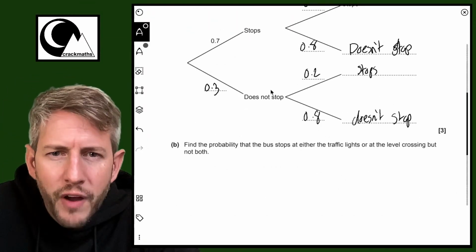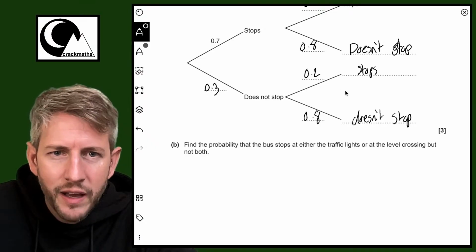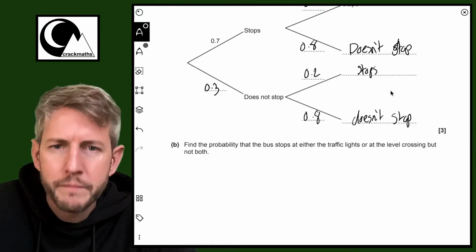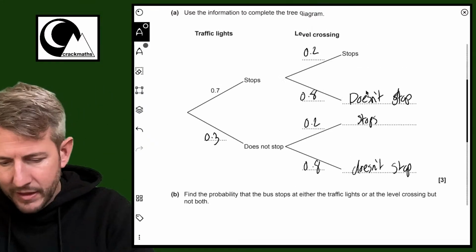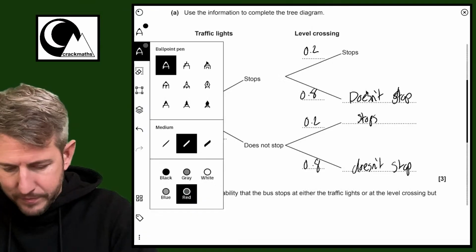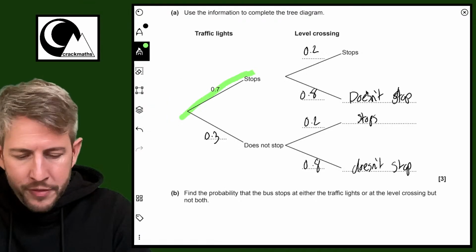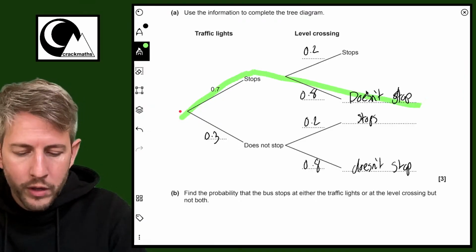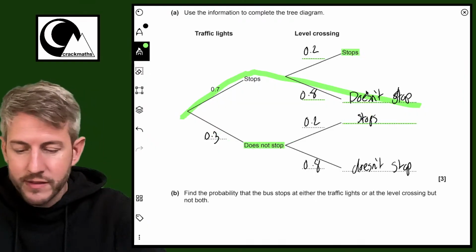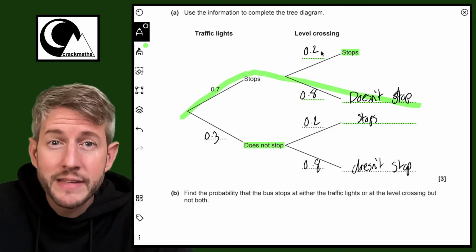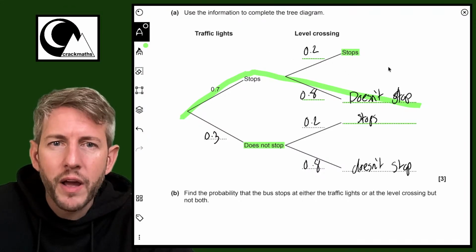Part B says, find the probability that the bus stops at either the traffic lights or at the level crossing, but not both. Okay, right, so let's highlight the routes that we need. It wants us to either stop, then not stop, or not stop, then stop. So we use a probability tree diagram by multiplying along the route.